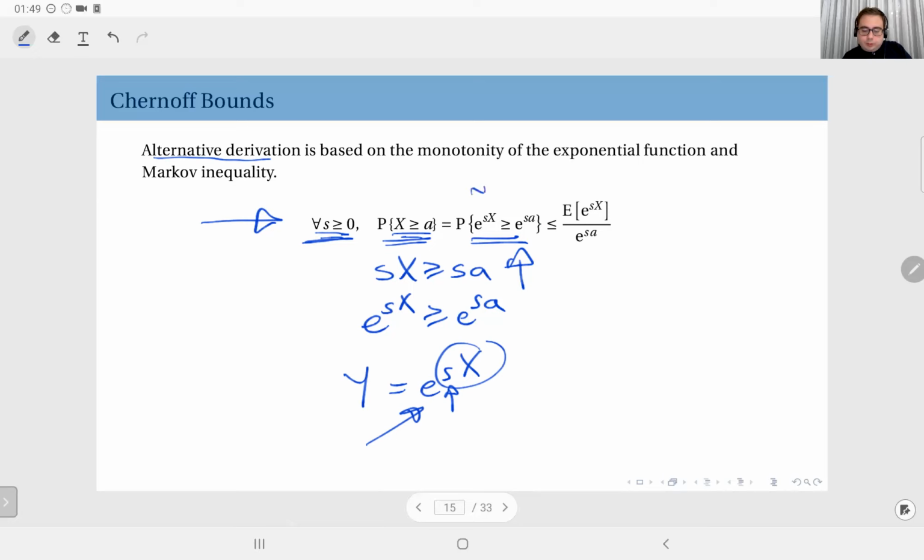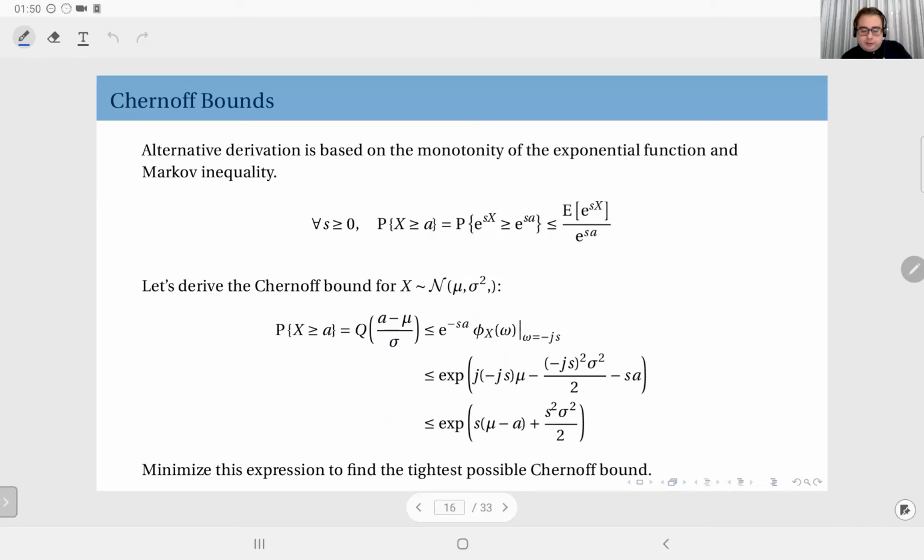This is y greater than or equal to e to the power sa, some positive value. So applying Markov's inequality, you get the expected value of y divided by this number here. So you get the Chernoff bound. And then, as I said, you optimize this bound by minimizing it.